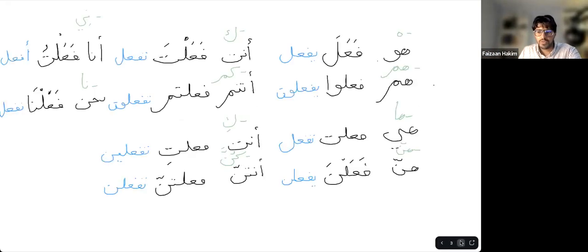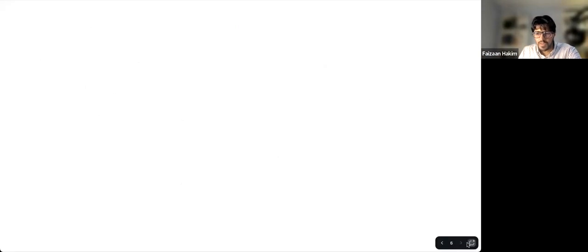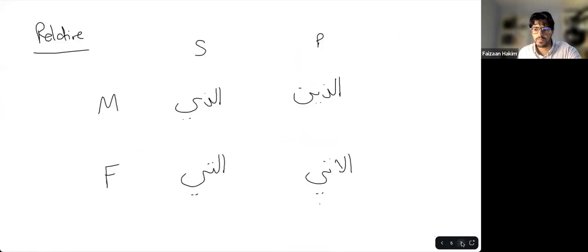So those are pronouns, demonstratives, relative. That's basically all the nouns we need for now. And we're going to learn the rest just through learning the words and roots. Verbs we've explained. So let's just go through these main particles. So 4 things: interrogative, connectives, negations, and prepositions.